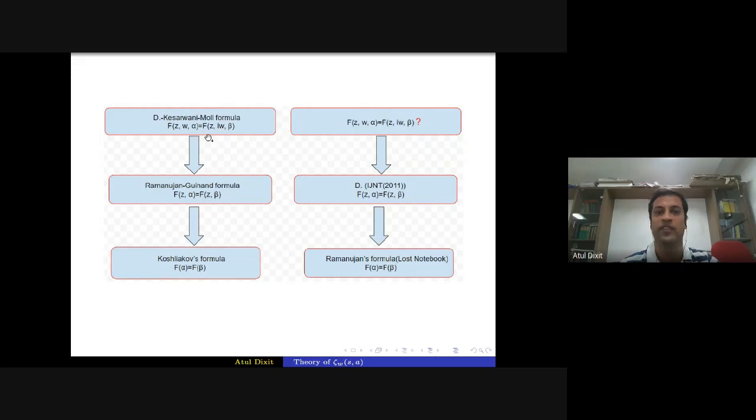So we got a formula of this kind. Now, if you look at Ramanujan's formula from the Lost Notebook, it is of this kind, similar to Koshliakov's formula. So the type is the same. I was able to extend it with one more variable, z. Now, one natural question is, can one incorporate theta structure in it so as to get a result of this form?